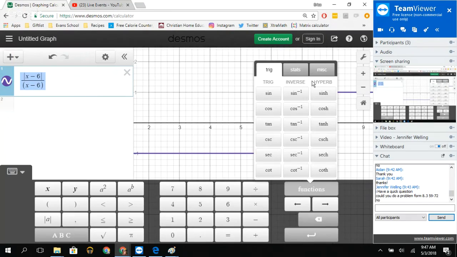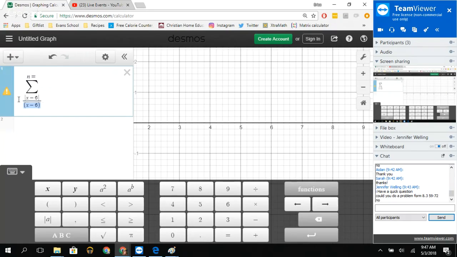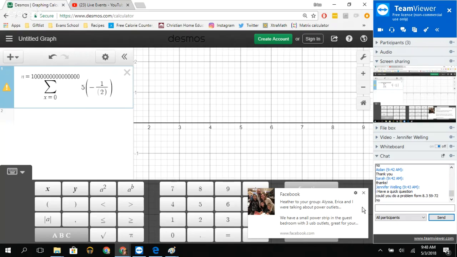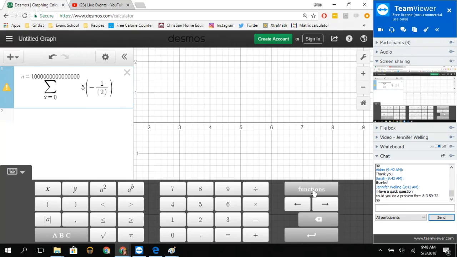So if I said the sum from x equals 0 to, let's just put in a gigantic number to simulate infinity, of 5 times negative 1/2 to the x power.